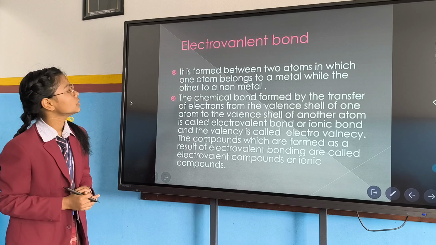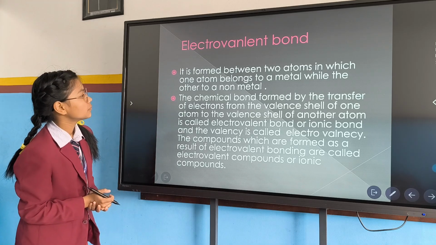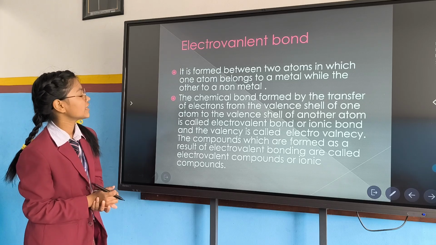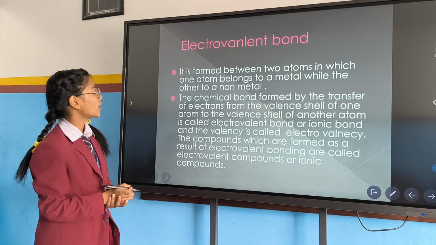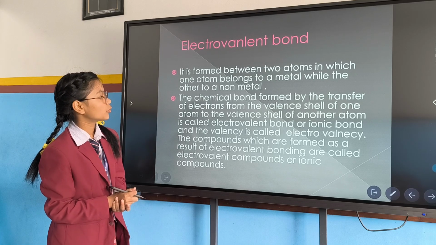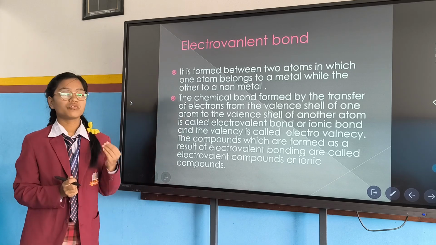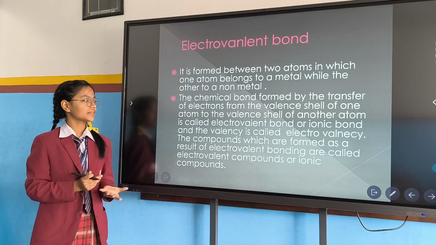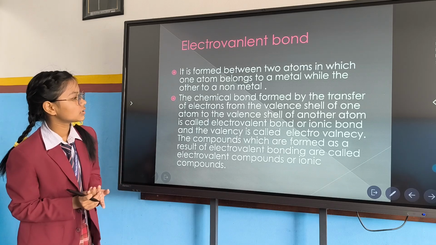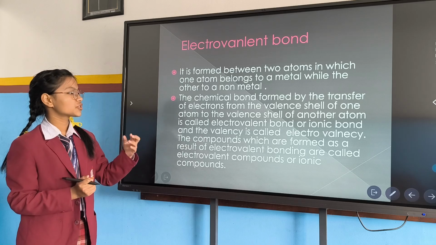The chemical bond is formed by the transfer of electrons from the valence shell of one atom to the valence shell of another atom, and this is called electrovalent bond or ionic bond. Its valency is called electrovalency.